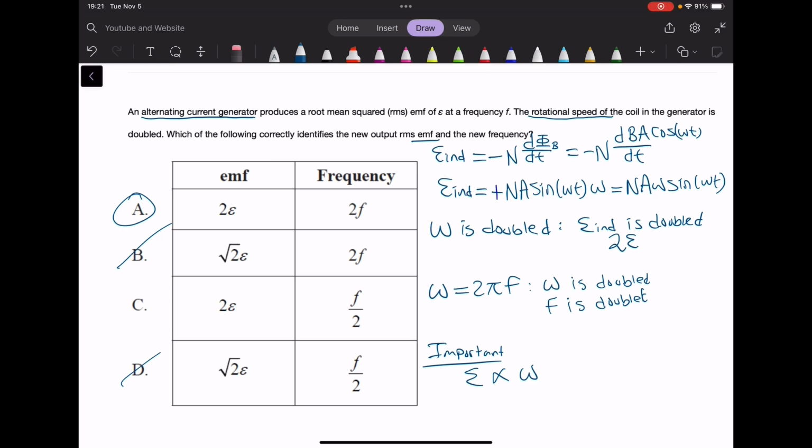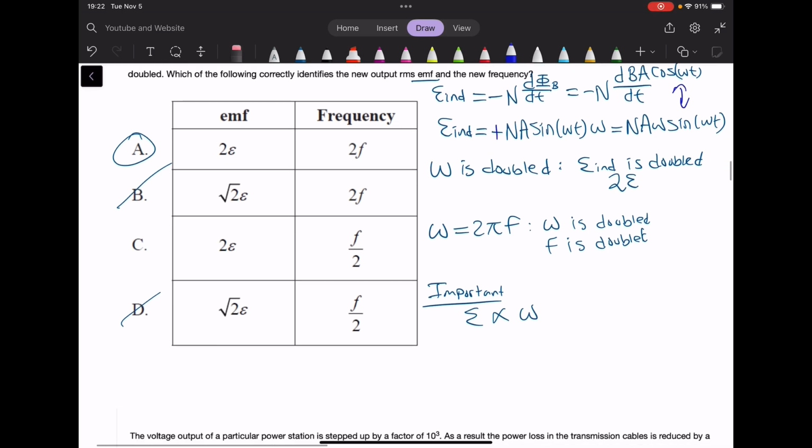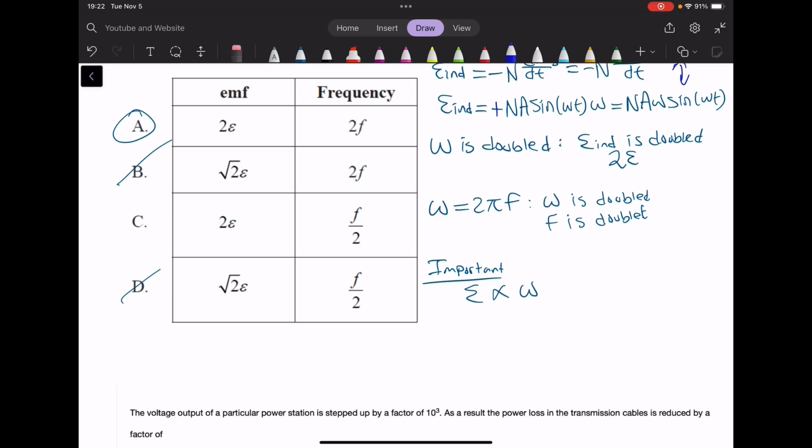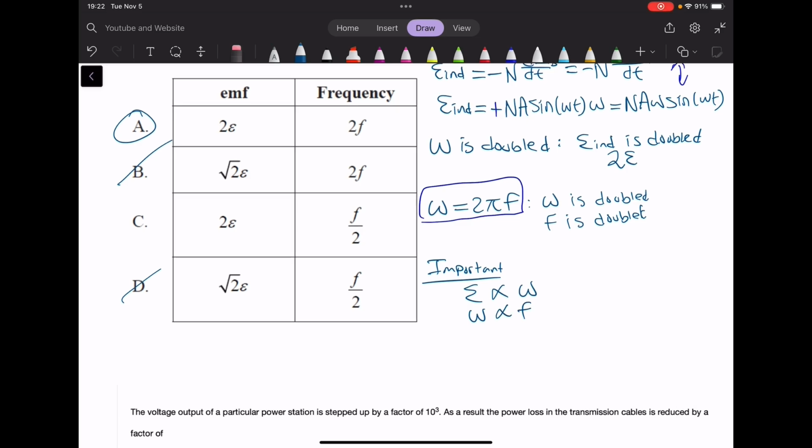I'm not really sure if you need to know this part, like how to take derivative, as IB doesn't require physics HL students to take AAHL, but I think it's helpful to know how to derive everything, as you probably know some calculus. And also this equation here is very helpful. So angular velocity or rotational speed, depending on the context of the problem, is directly proportional to frequency f.